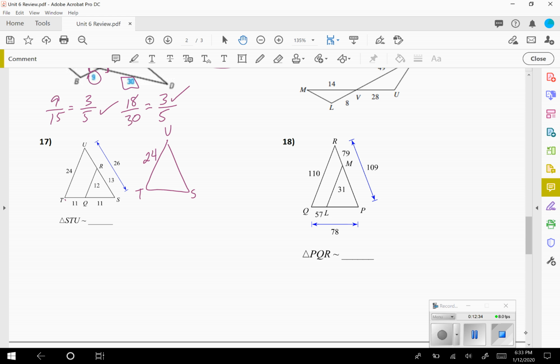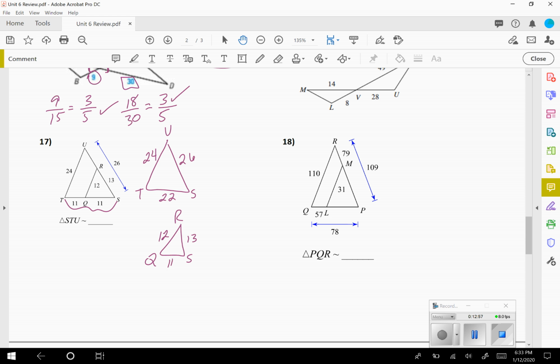This other side, well, you have to add 11 and 11, that's 22. You have this other one, they tell us it's 26. And then you have the small one, which is RQS. So we have RS, that's 13. RQ is 12. And then SQ is 11.